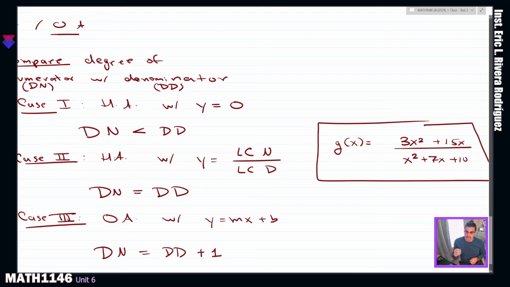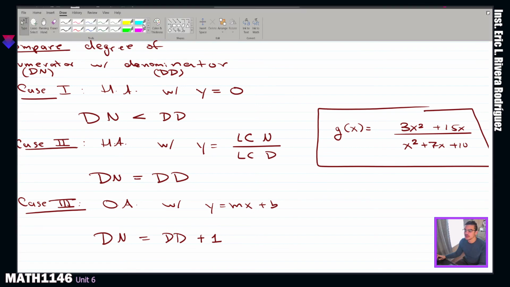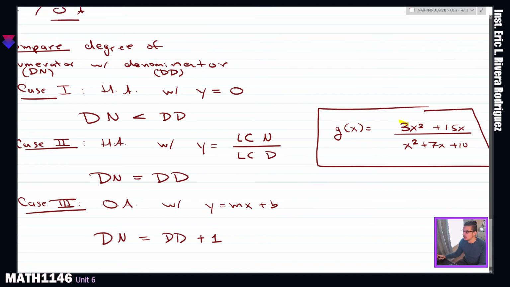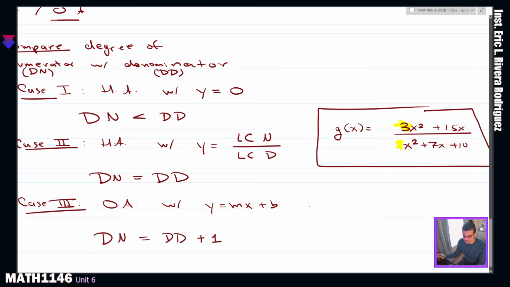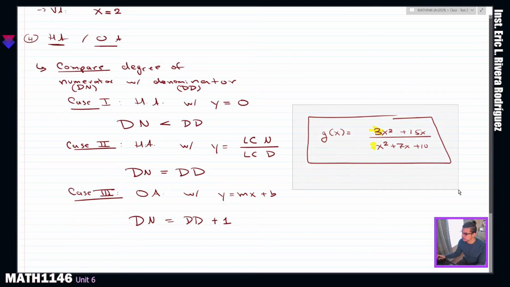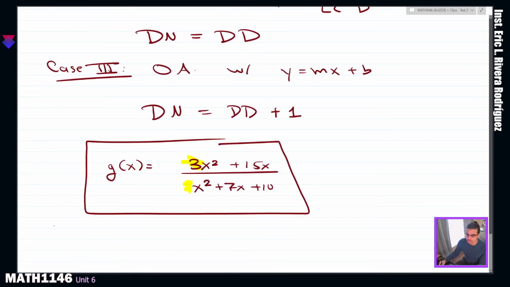So that means that we have a horizontal asymptote and the equation is going to be 3 over 1.